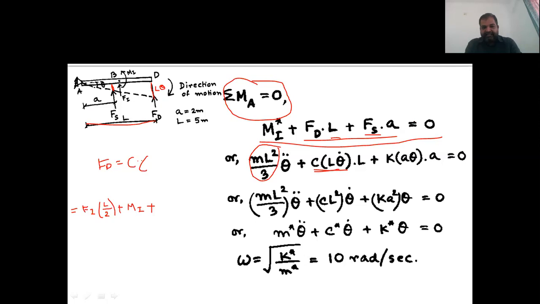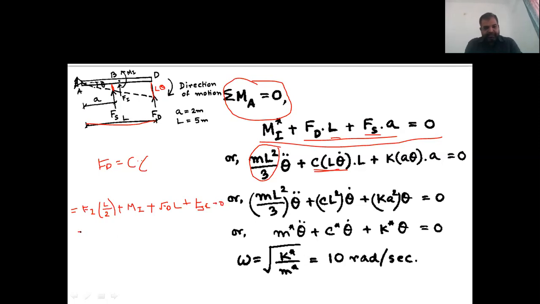And Fs into A, which is equal to 0. Fd into L plus Fs into A, which is equal to 0.